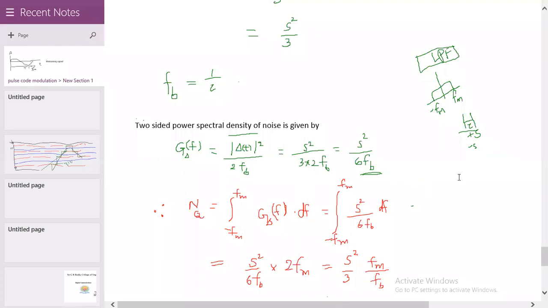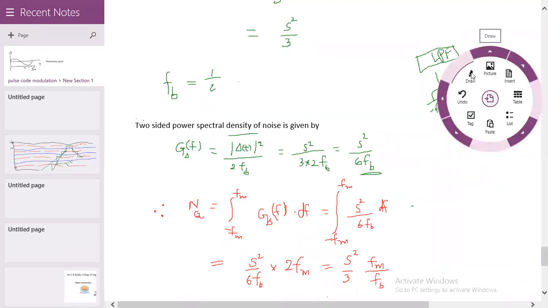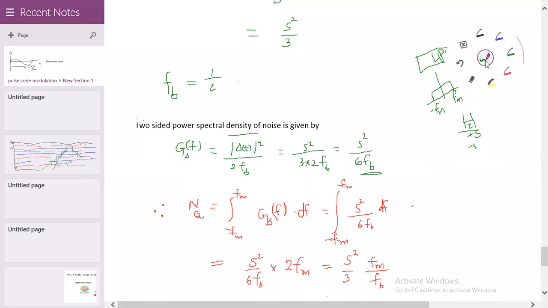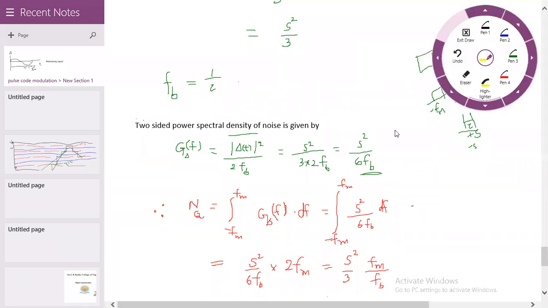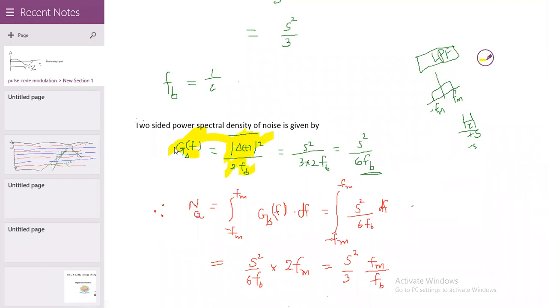These two relations are very important: power spectral density equals the power divided by 2 into bandwidth, and total noise power at the output of the receiver equals the integration from minus FM to plus FM of the power spectral density into DF.